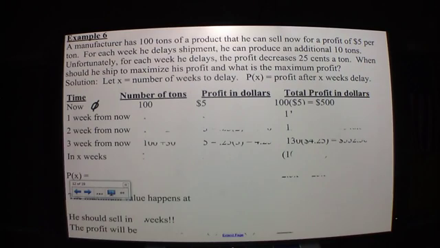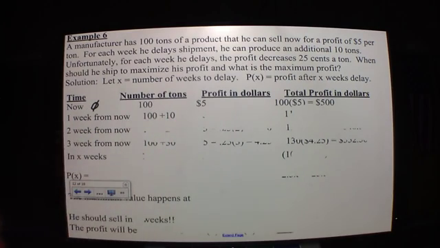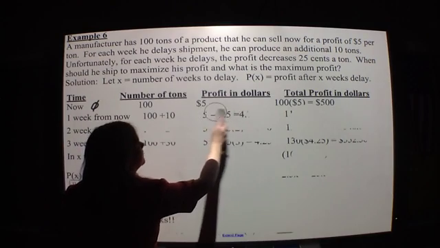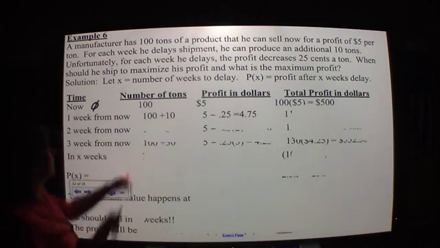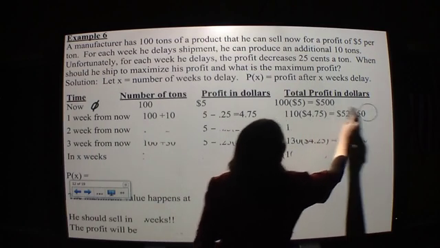If I delayed 1 week from now, I wouldn't have 100 tons. I could do an additional 10 tons, so I would have 100 plus 10, or 110 tons. My profit, though, wouldn't be $5. It decreased by 25 cents. So if I take 110 times 4.75, that'll give me my profit.